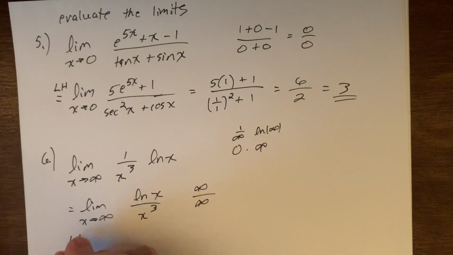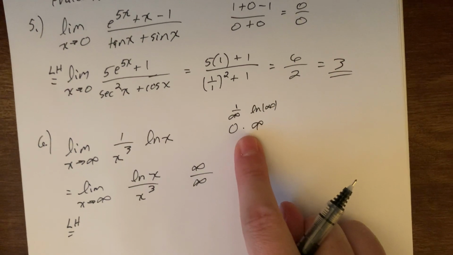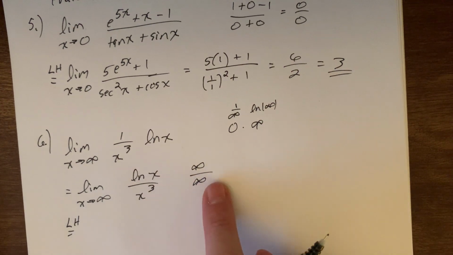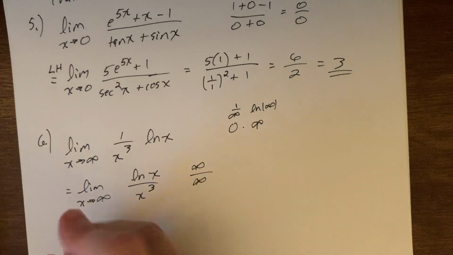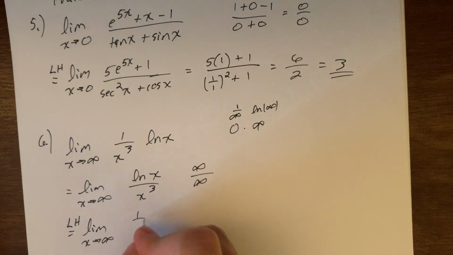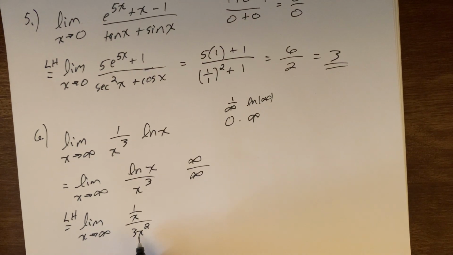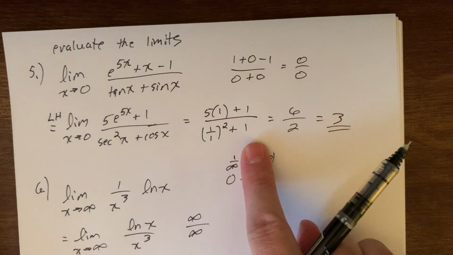So now my LH for L'Hopital's, again, follow my work, indeterminate, but there's no L'Hopital's rule here. This is regular manipulation, but now I've got indeterminate where L'Hopital's rule applies. Now I'm applying that, so I still have my limit, but now I take my derivative, 1 over x over 3x squared. Be nice to yourself, everybody. Sometimes L'Hopital's rule like this was so quick and clean that we were just able to move right into the plug-in.